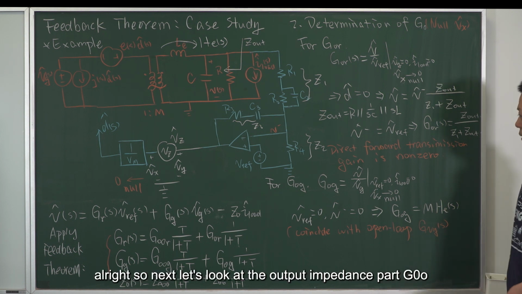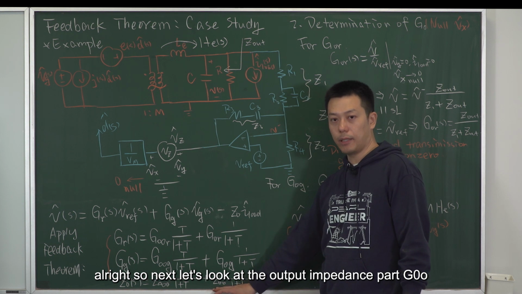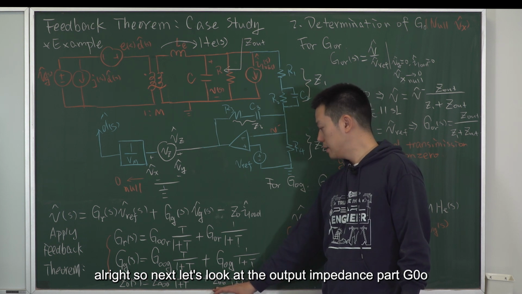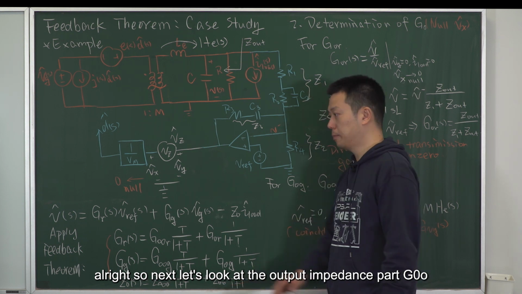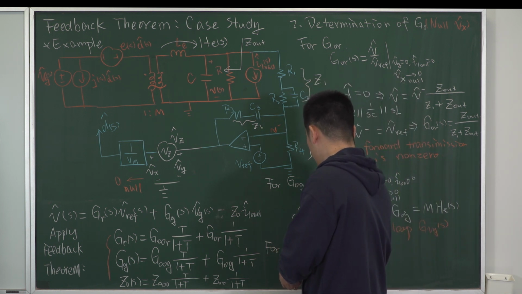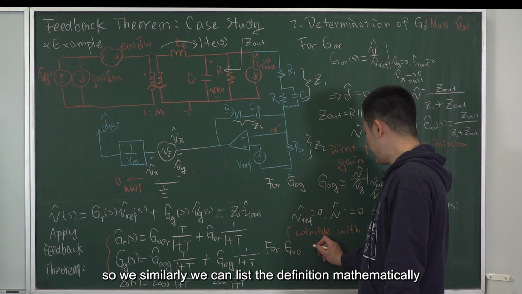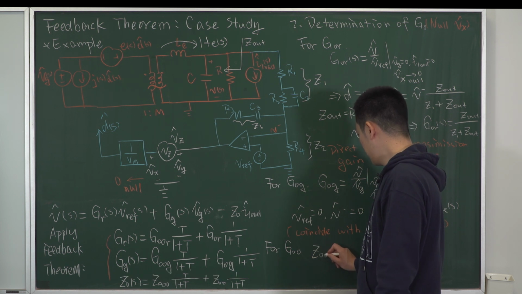All right, so next, let's look at the output impedance part, G0O. So we can list the definition mathematically.